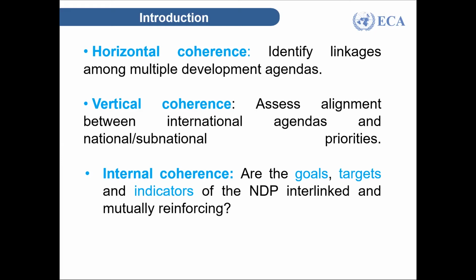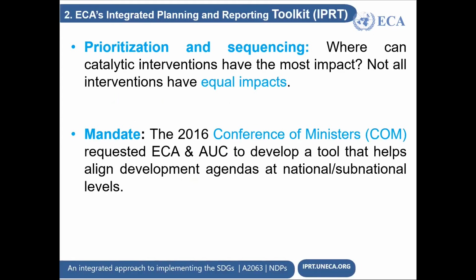At the same time, the national development plan should be internally coherent. Coherent meaning that the goals, targets, and indicators of the national development plan are interlinked and mutually reinforcing. Meaning that when designing national development plans, the goals, the targets, and indicators should be mutually reinforcing with minimal or no trade-offs among these. So a national development plan should reflect these attributes.